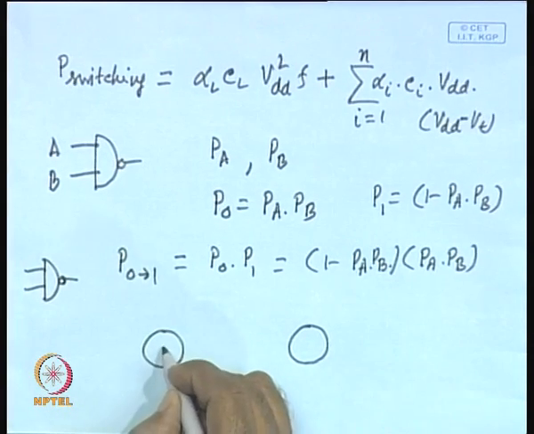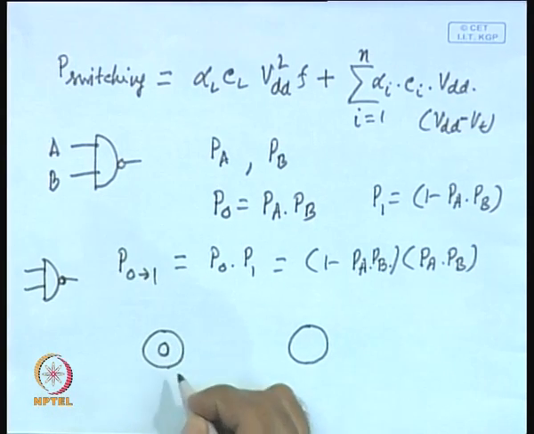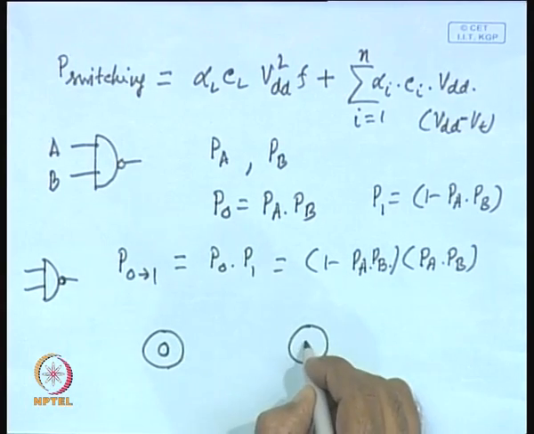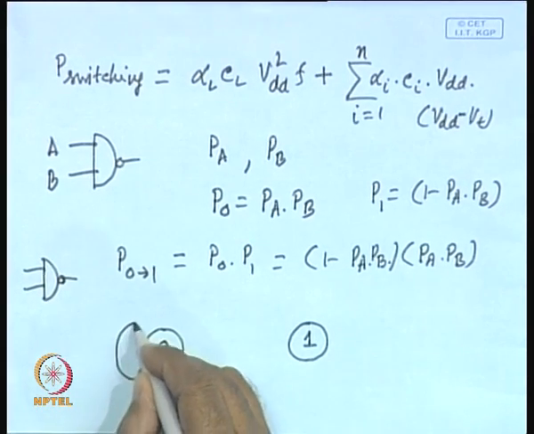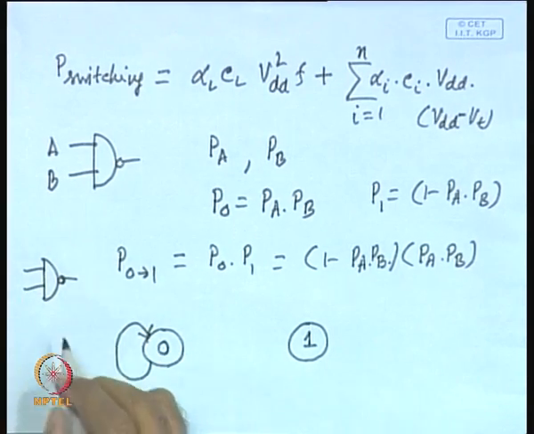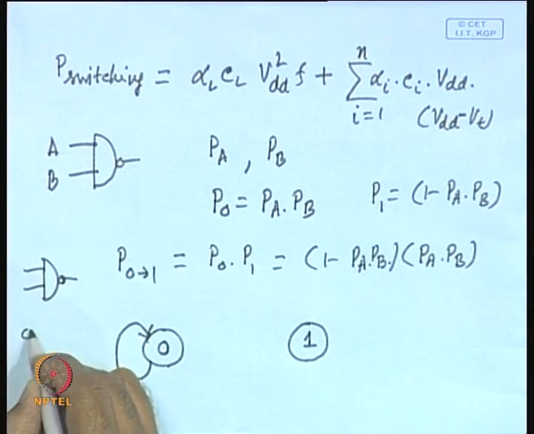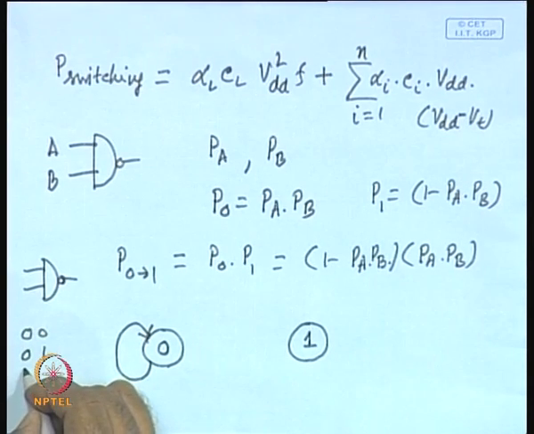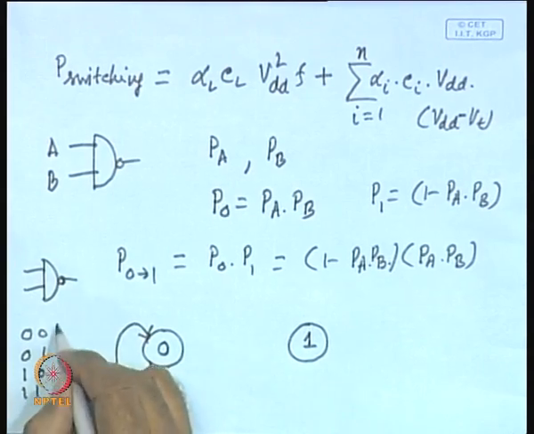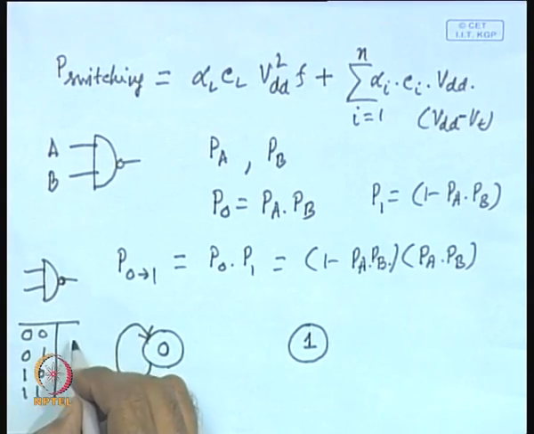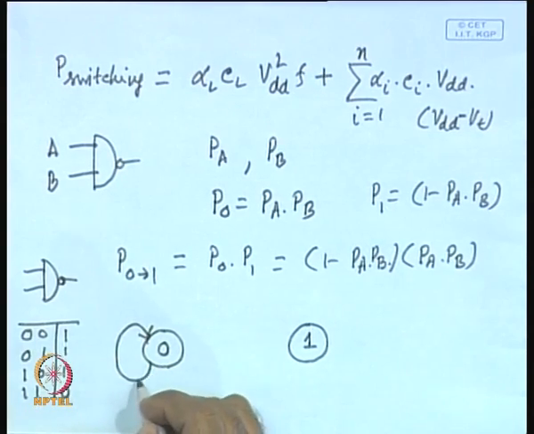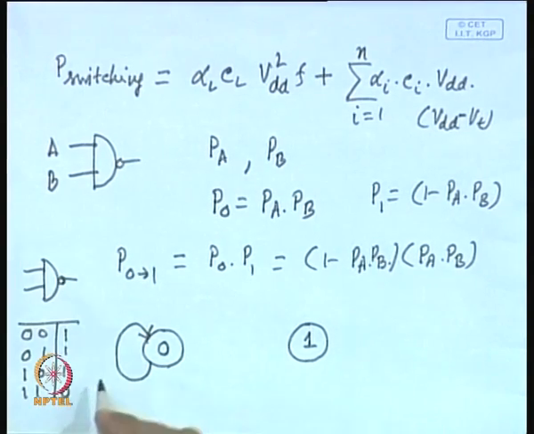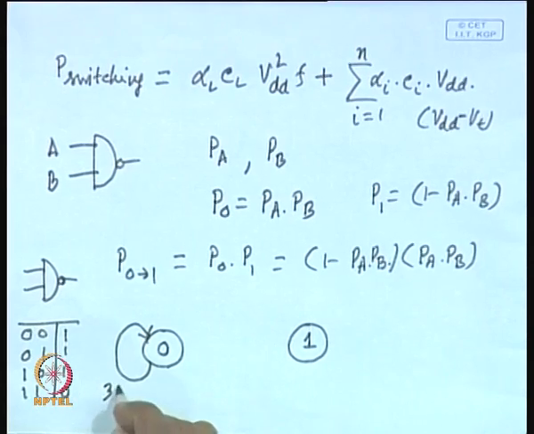So, suppose this is when the circuit is in the 0 state and this is when it is in 1. What is the probability of transition from 0 to 0 for a NAND gate? For a NAND gate we know that for inputs 00, 01, 10, 11, the output is 0 only here. So, in this case these are 1. So, probability from 0 to 0 is 3 by 4 into 3 by 4.